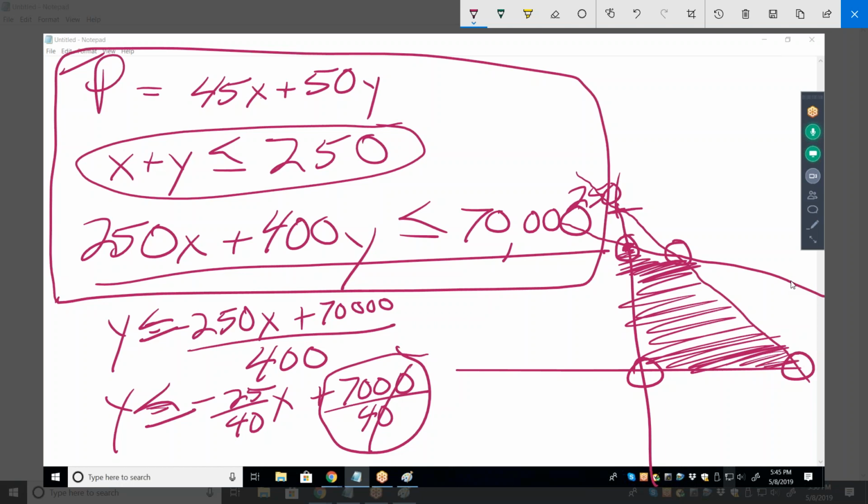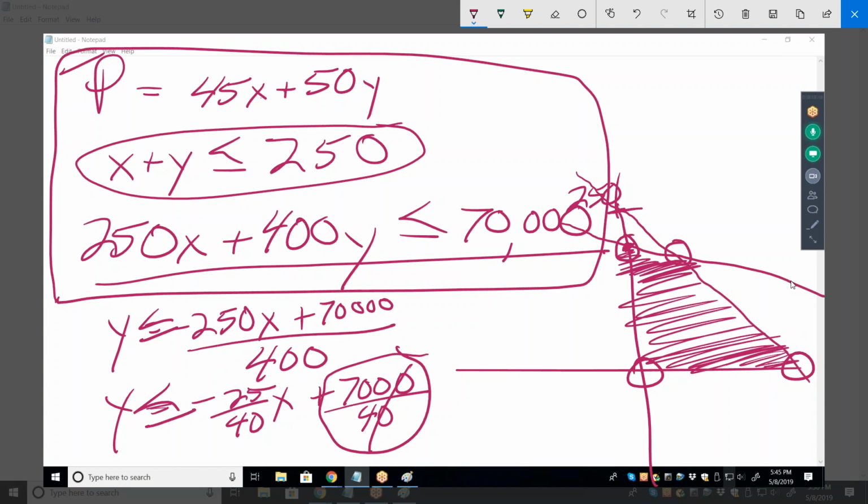Okay, it's relatively straightforward. Now, sometimes instead of 2 constraints, you might have 4 constraints, which gives you a more complicated looking diagram. But your optimized answer is always at one of the vertices.